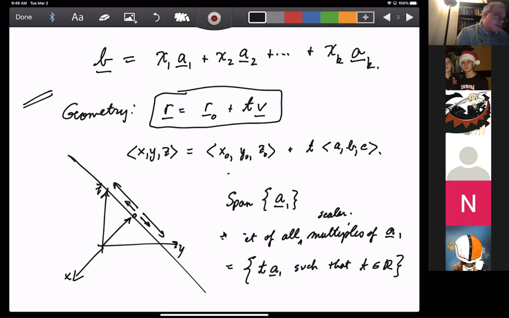So the span of one vector you can think of as representing a line. What do you think the span of two vectors might represent? A plane. Exactly right.